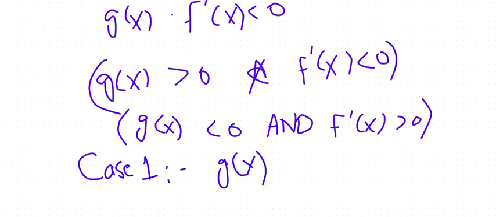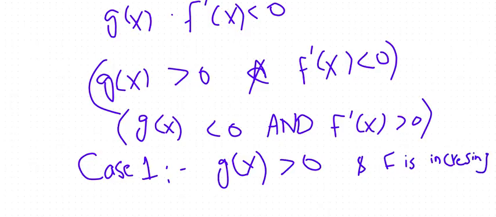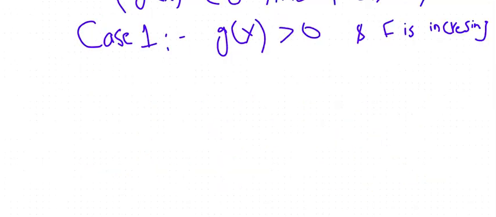So g(x) is greater than 0 where the graph is above the x-axis.